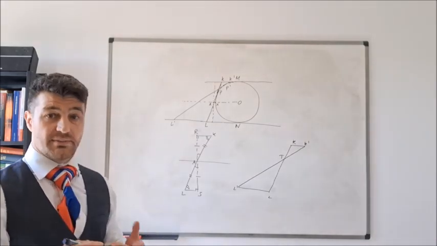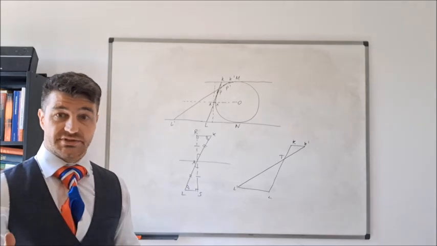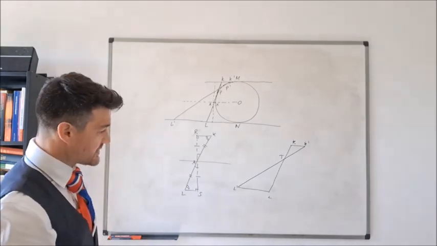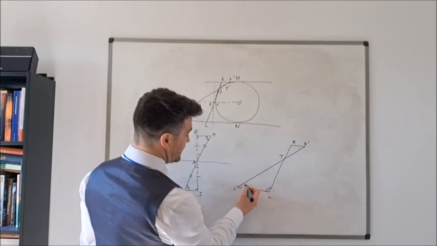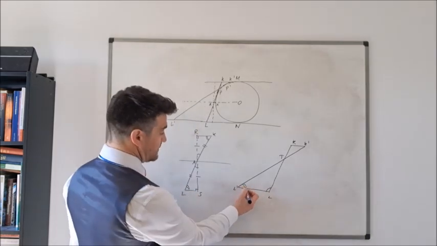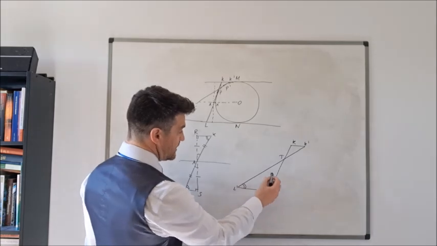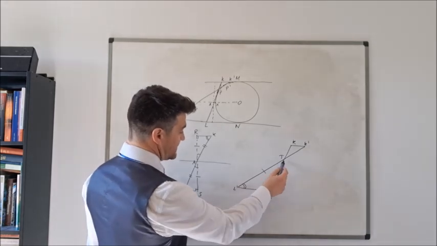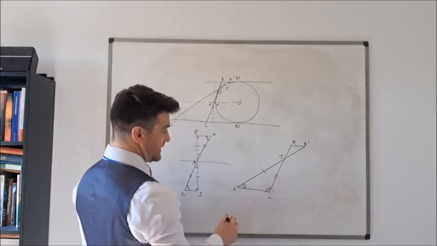So this is a fundamental. You can find this proved in Euclid's Elements, in book 1, I think. So in this triangle, this angle here is greater than this angle here. Okay, so therefore the length of this side will be greater than the length of this side.